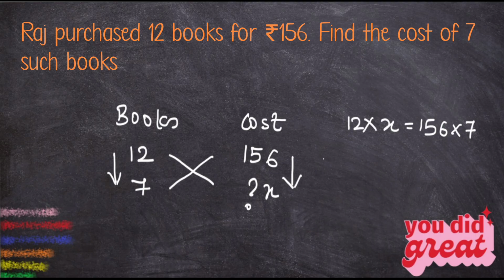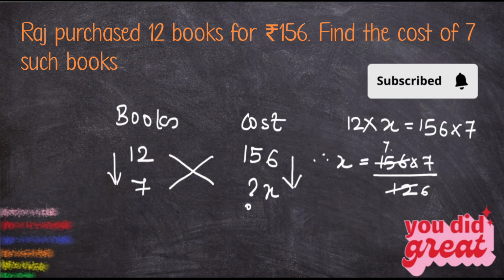So when I will be solving this, what I'll do, x I'll keep it as it is on the left hand side, 156 into 7 whole upon 12. See, you can multiply and then divide by 12, but it will be a very long one. So better is to do like this and do the cancellations. So here you observe it goes in the table of 6, it goes in the table of, means both go in the table of 2.